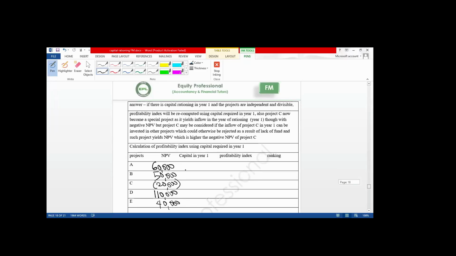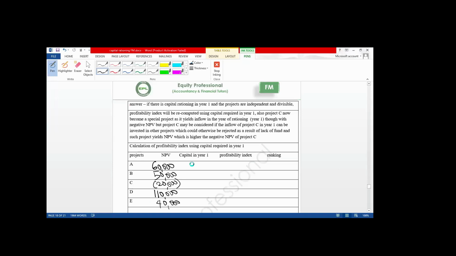Here we require 100,000. Here 100,000. Here 100,000 inflow. Here 50,000. Here 50,000.